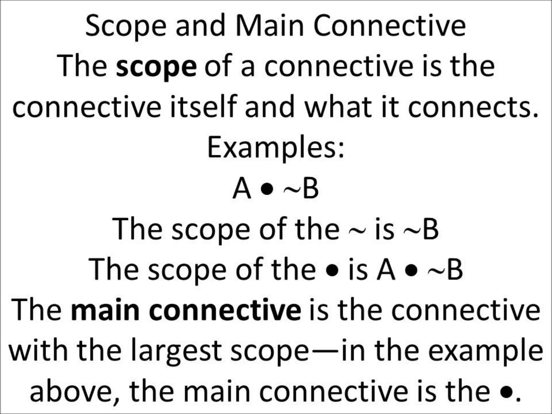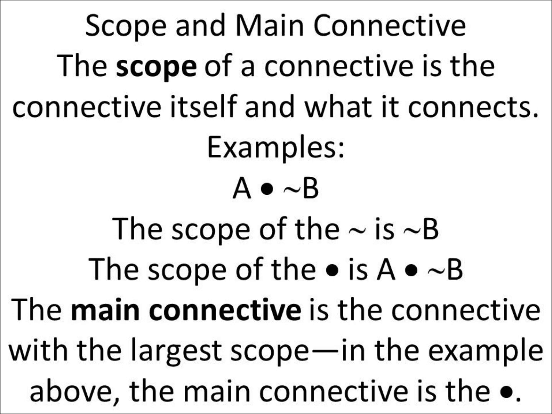If the main connective is a triple bar, we call it a biconditional. Okay, and if the main connective is a wedge, we call it a disjunction. So they're named after the main connective. The main connective has the largest scope. All right, obviously the main connective is the dot, since it connects more than any other in that particular statement.